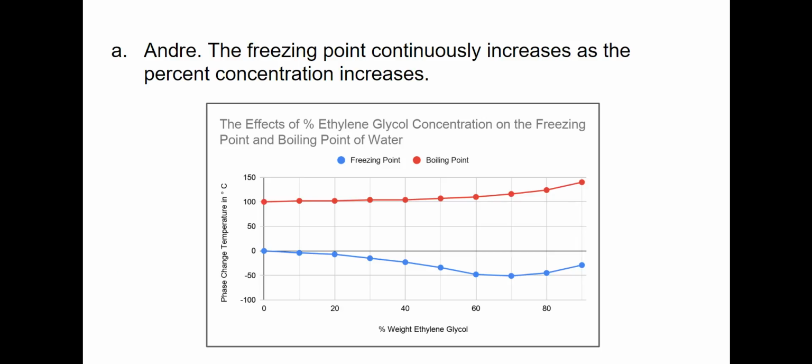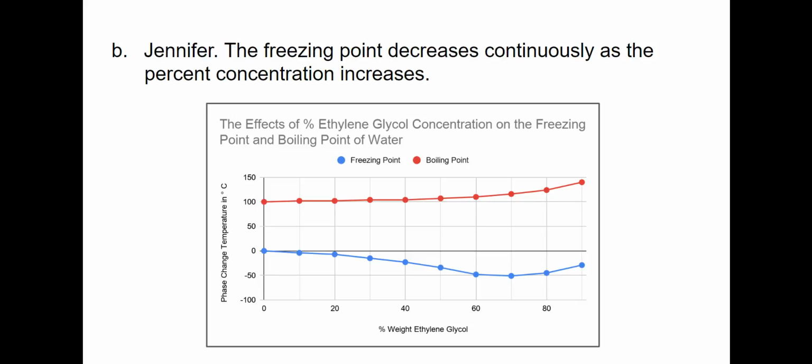So this is inference A. Andre, the freezing point continually increases as the percent concentration increases. So mark on your T chart for A, write a T if you think this statement is true, and then write an F if you think this statement is false.